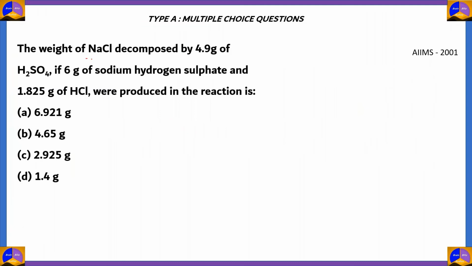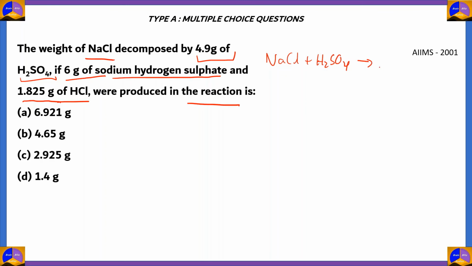The weight of NaCl decomposed by 4.9 grams of H2SO4, if 6 grams of sodium hydrogen sulfate and 1.825 grams of HCl were produced in the reaction, is one of these 4 options. To attempt this question, we should know the reaction: NaCl plus H2SO4 gives NaHSO4 plus HCl.